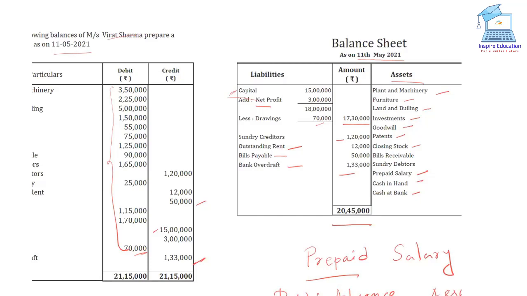And anything you have received in advance is your liability. If you have paid a sum of rupees 5,000 to your employee, then that amount is your asset, not your liability. If you take the amount in advance, that is your liability. So prepaid salary means paid in advance, and whatever amount I have paid in advance is my asset. Is it clear?